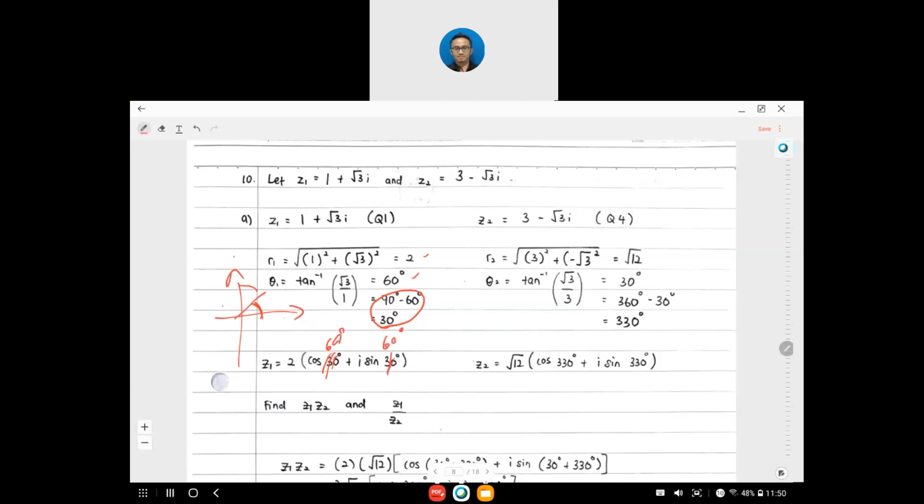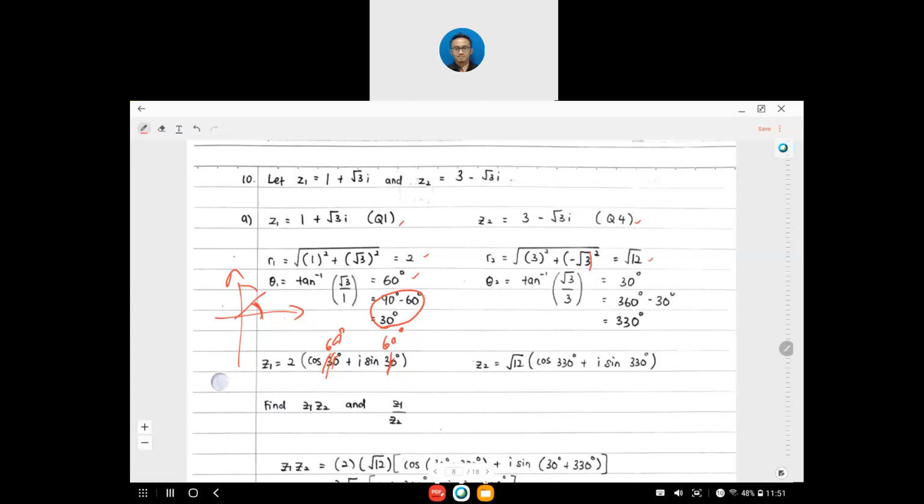Okay, Z2. Z2, 3 minus square root 3I. Okay, so this one quadrant 4. Dia kalau quadrant 1 tak ada masalah. Awak ambil direct je jawapan daripada calculator tu. Okay, so this one also same thing. 3 square plus minus square root 3 square here. So you can get square root of 12.